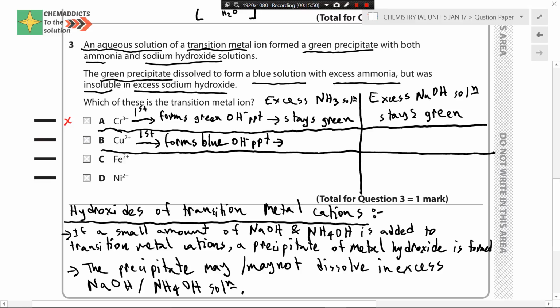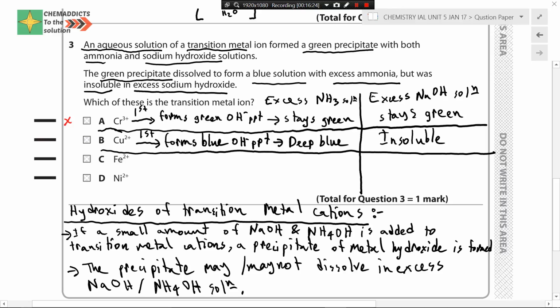Okay, if we further add excess ammonia, it will give a deep blue or royal blue solution. If we add excess sodium hydroxide solution to the precipitate, the precipitate is insoluble.